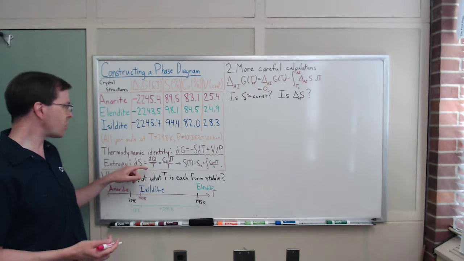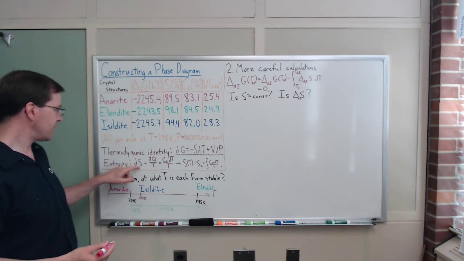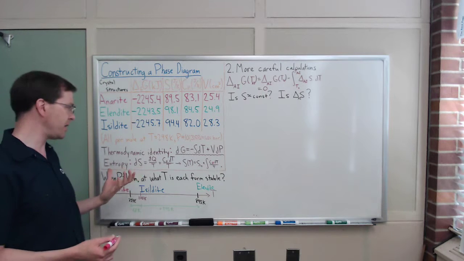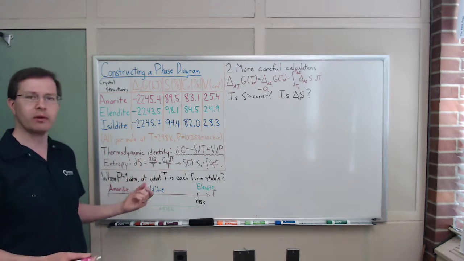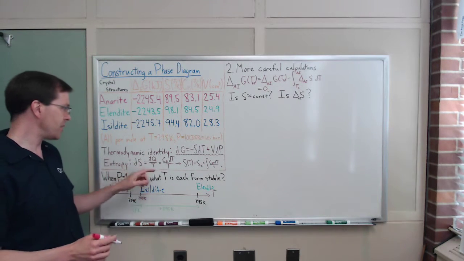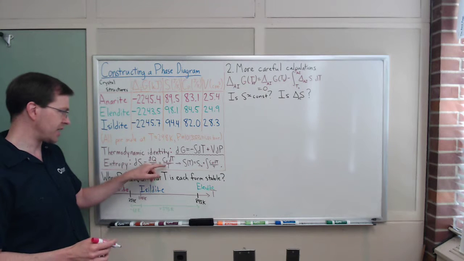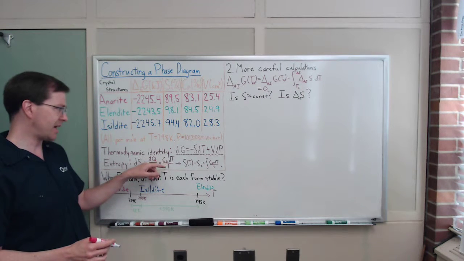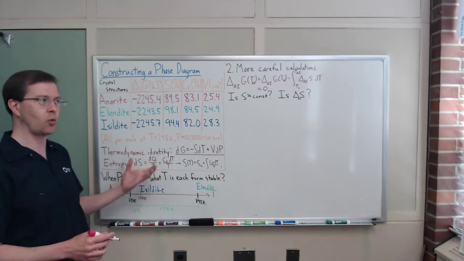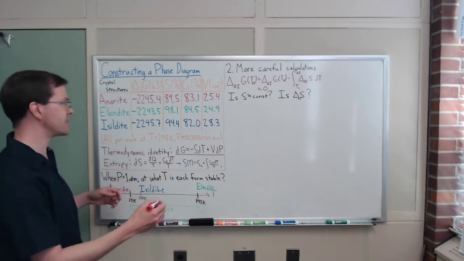dq, that tiny bit of heat, is just the specific heat per mole times dT, divided by temperature. And so if I want to find a finite change in entropy over a finite temperature range, I just integrate both sides of this. Because this depends on 1 over T, I can't just turn this into a delta T. I've got to integrate both sides.